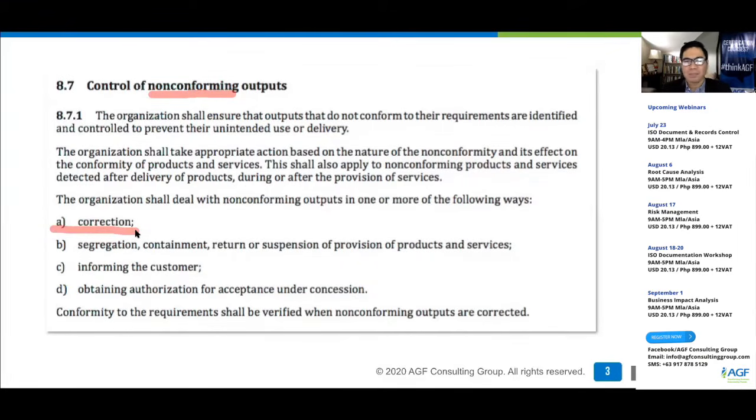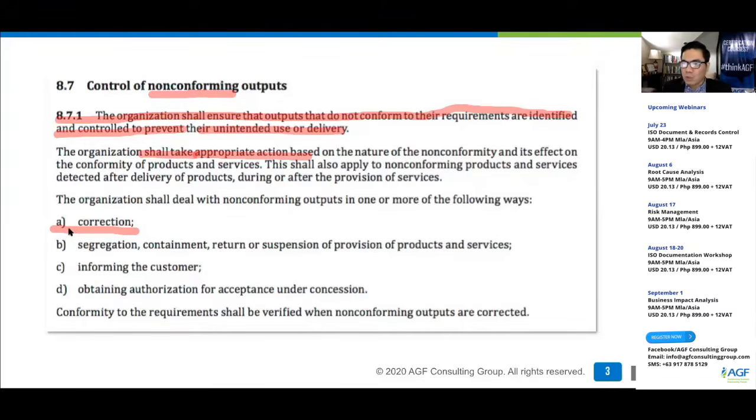You correct them. Let me just quickly read this, 8.7.1. The organization shall ensure that the outputs that do not conform to the requirements are identified and controlled to prevent their unintended use or delivery. You shall take appropriate action on these nonconformities.